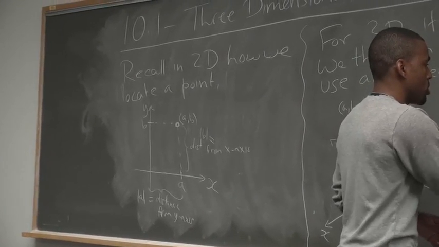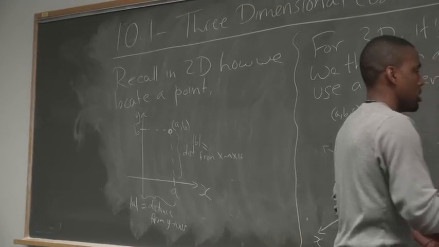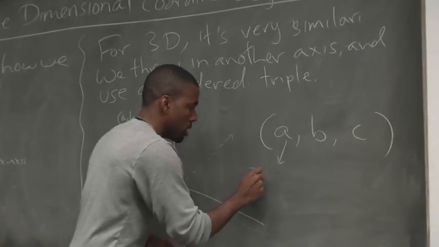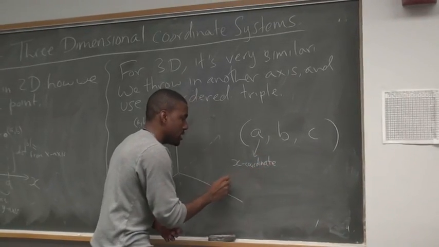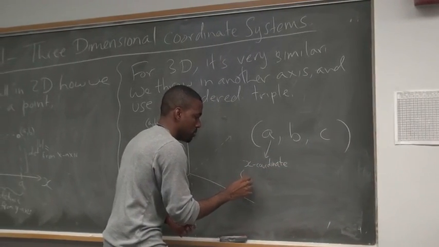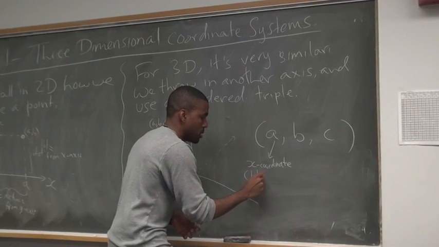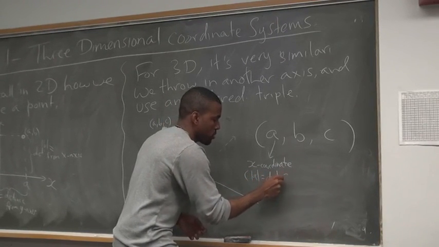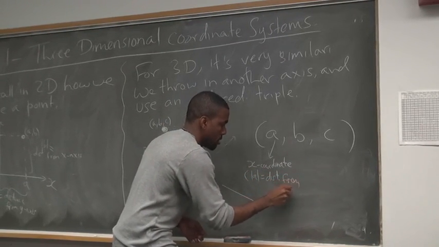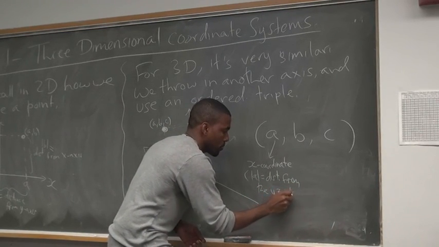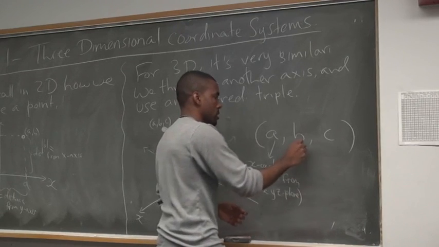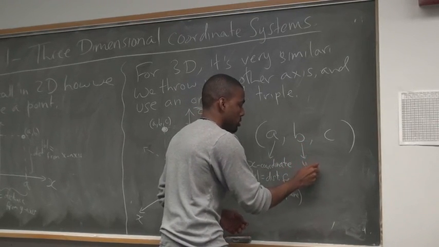So when you look at the 3 coordinate system A, B, C, this is the so-called x-coordinate. And you can actually think of its absolute value as the distance from the yz plane. Right? This is the y-coordinate.